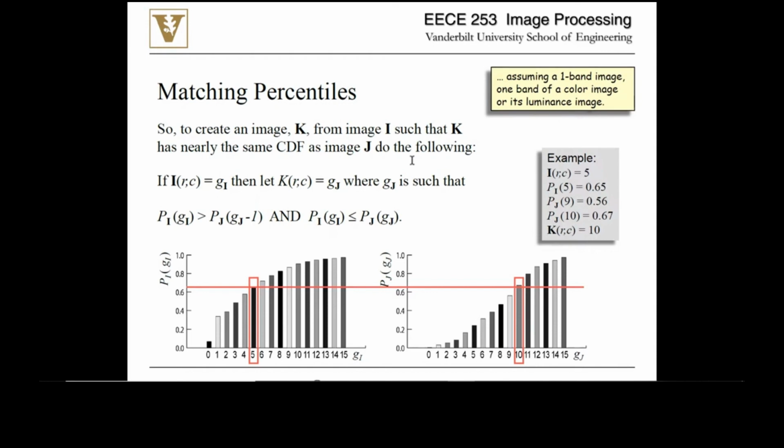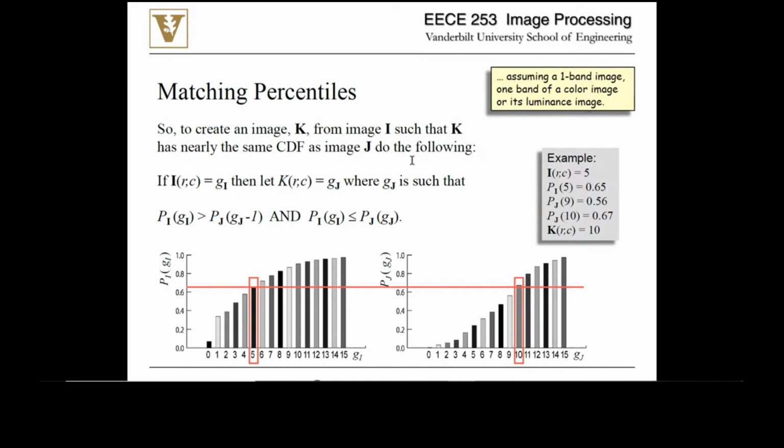Okay. So let's repeat it again. I'm constructing this lookup table where 5 has to be transformed into something. What is this something? I will look at the input image I. What is the proportion of pixels that have a value that is smaller or equal to 5? And this is 65.